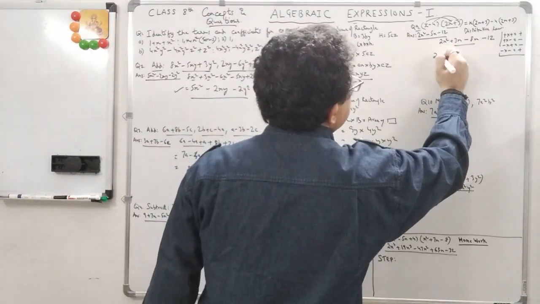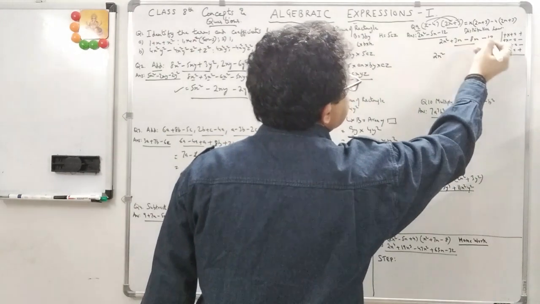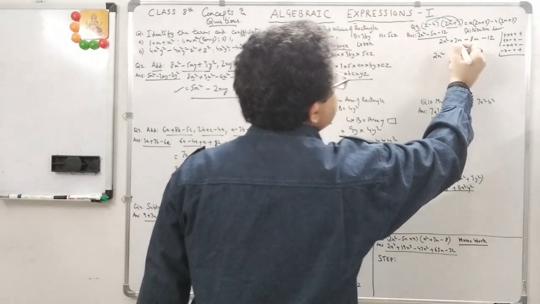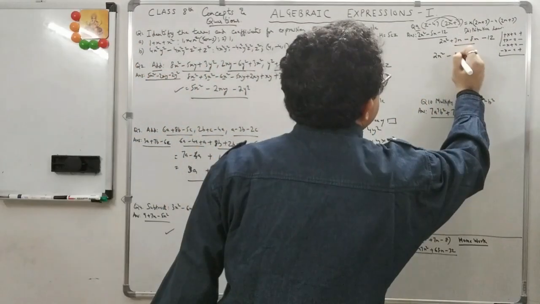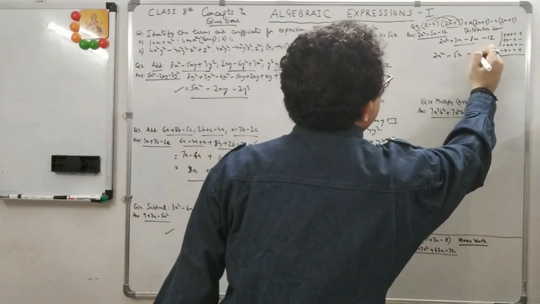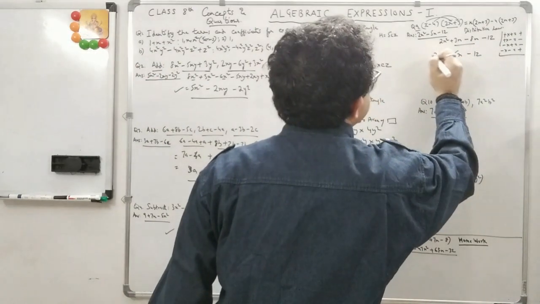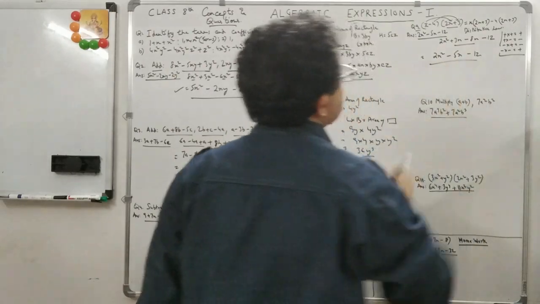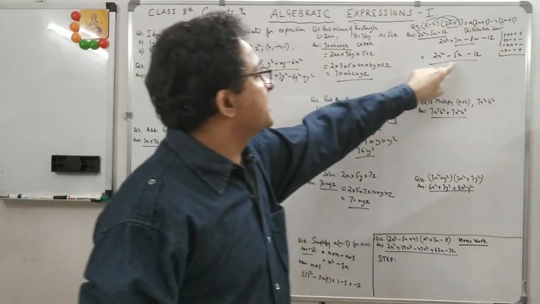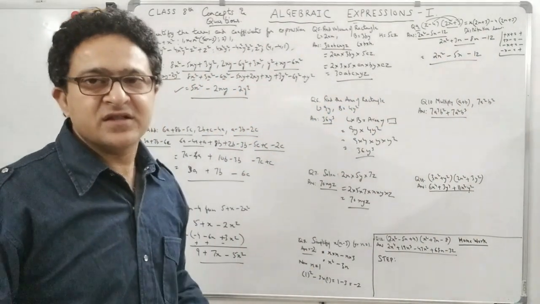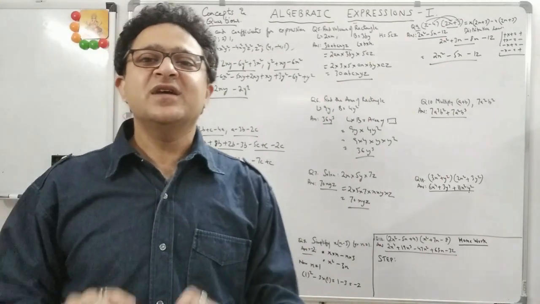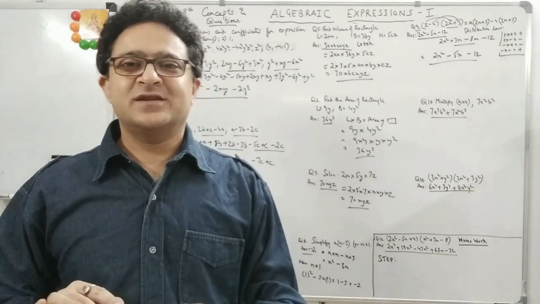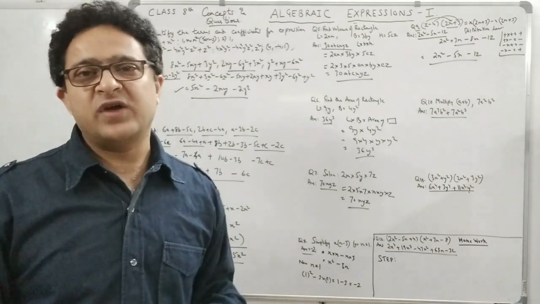So 2x square plus 3x minus 12. Is this the answer? Yes, this is the answer. Why? Because these are all unlike terms. We cannot do anything on this. Unlike terms have to be left to rest, and you just keep them there. You don't have to add or subtract.